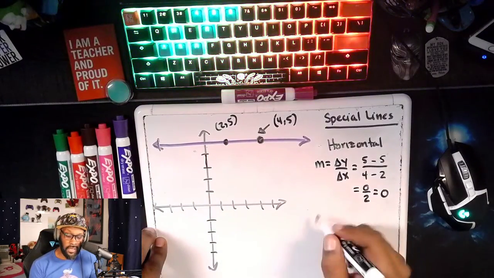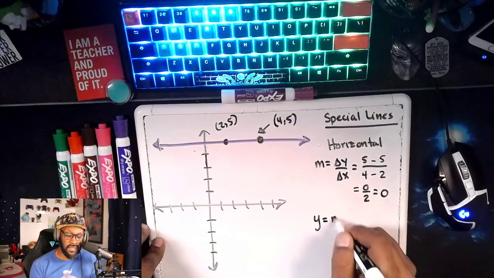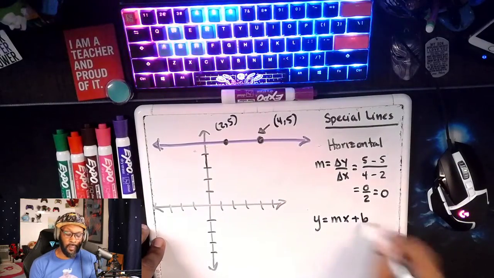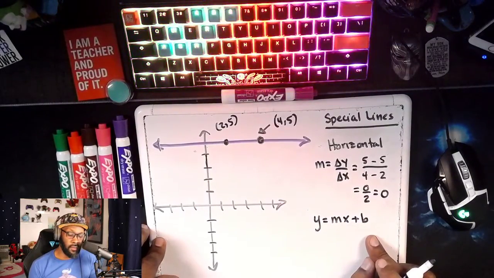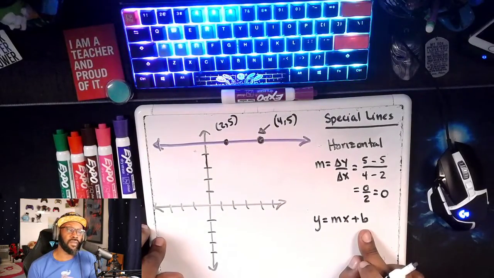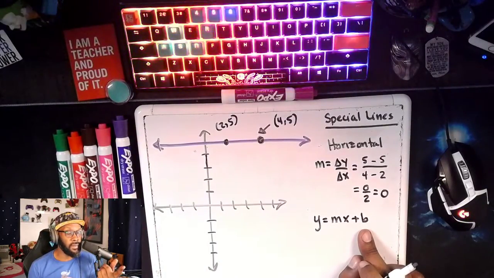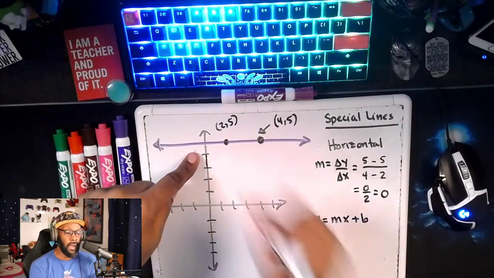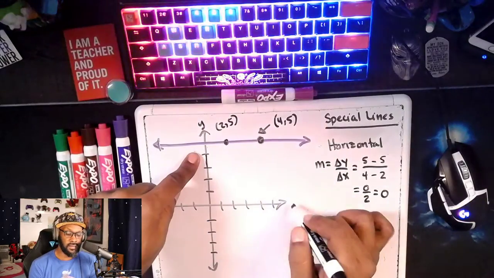Now, if I wanted to write the equation of this line, here's my form of y equals mx plus b, my slope-intercept form. Well, I know my slope is 0, so here I would need to find my y-intercept. The y-intercept, if we remember, is the point where the line intersects the y-axis.